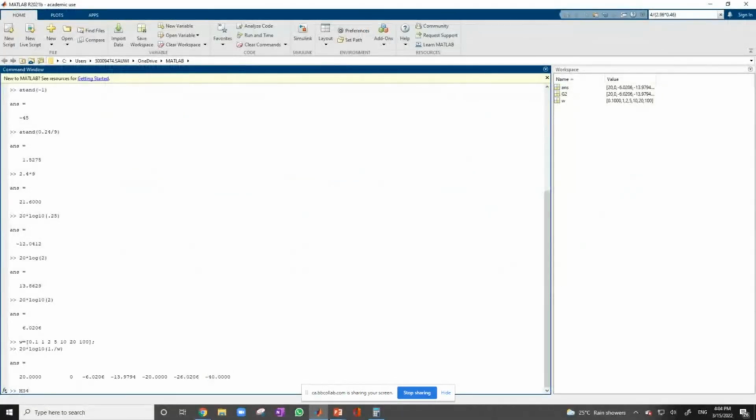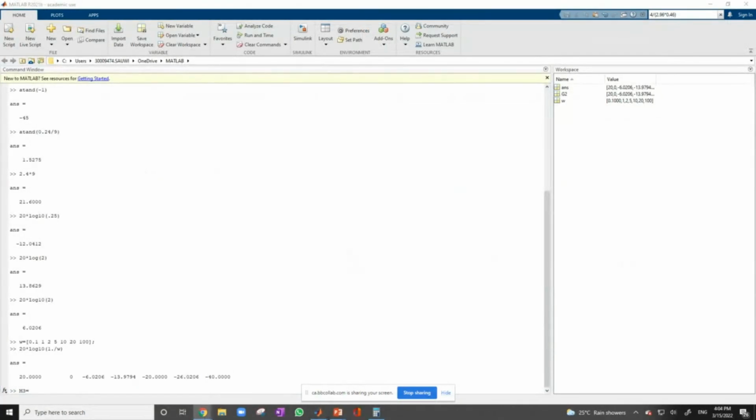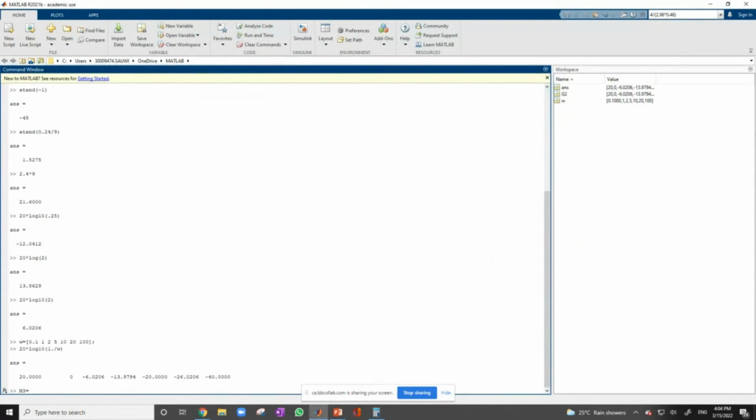I'm going to call this M3 equals 20 log 10 of 1 over square root of 1 plus, I think I have to do my dots again.